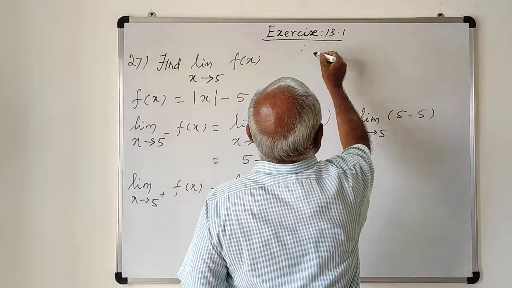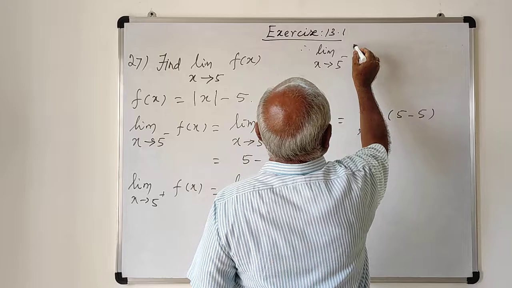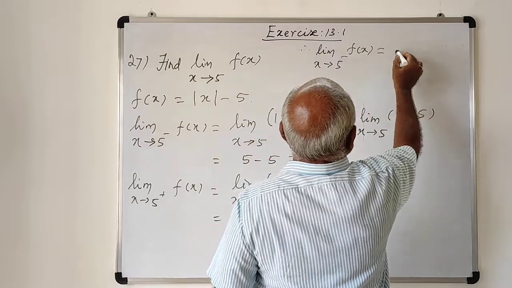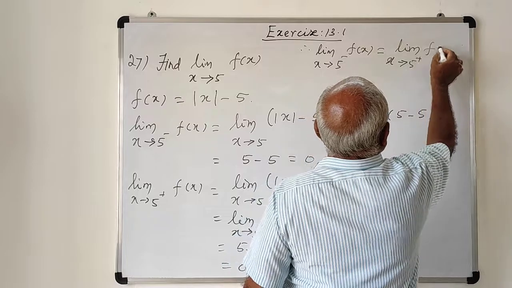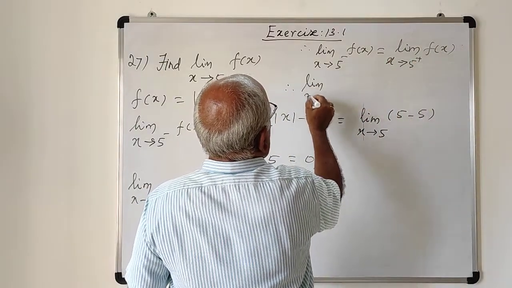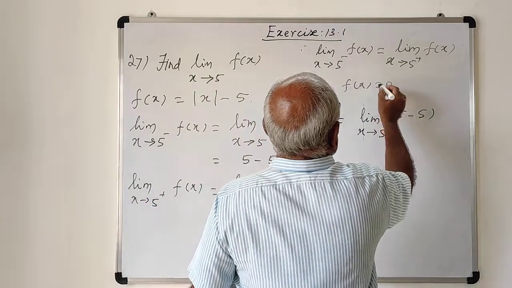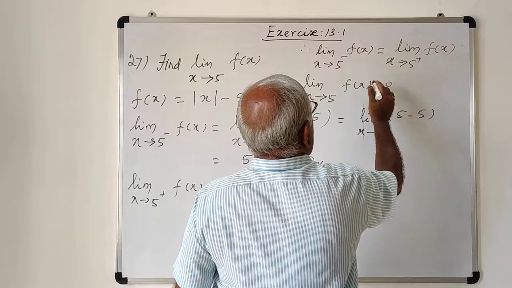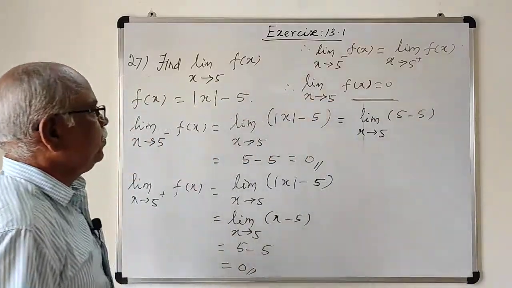Therefore, limit x tends to 5 minus f of x is equal to limit x tends to 5 plus f of x. They are equal. Therefore, limit x tends to 5 f of x is equal to 0. That is your answer: the limit exists and the value is 0.